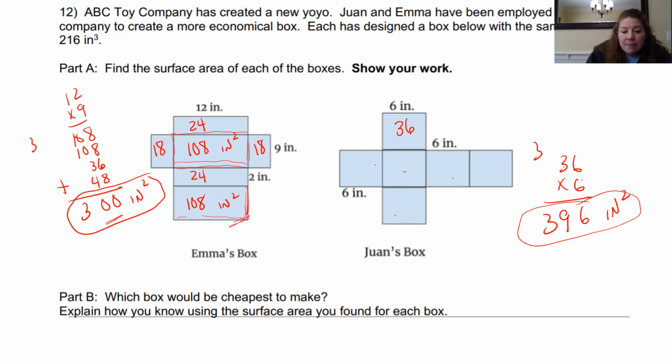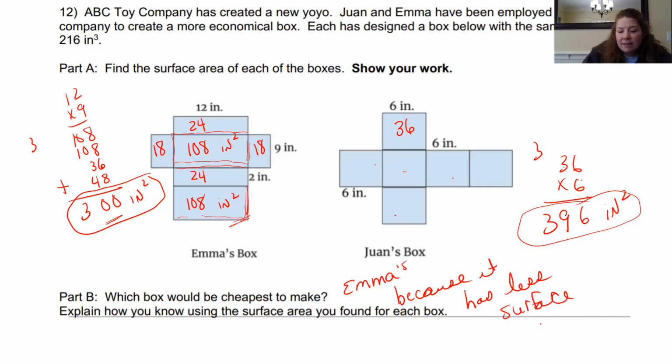So this one is Emma's box. Which box would be cheaper to make? It would be Emma's because it has less surface area. Right? It would take less, whatever they're making it out of, cardboard.